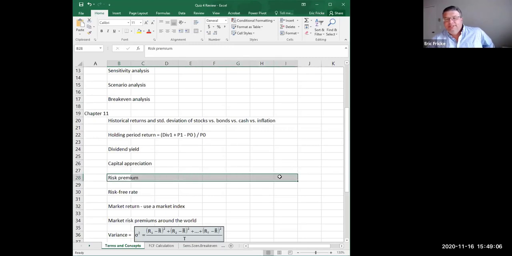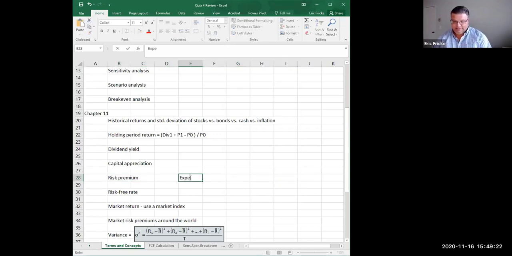We define the risk premium as the return above the risk-free rate. So like if you were to say the expected market return, one way to look at, and this is kind of forecasting a future return, is to say that return is composed of a risk-free baseline return and then an extra return above that based on how risky your asset is.